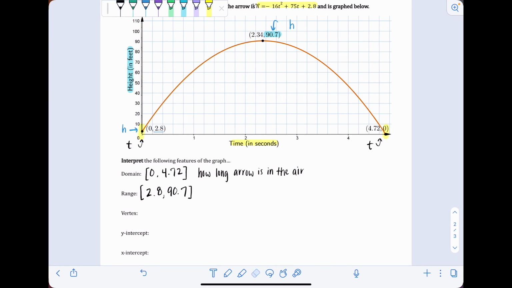And then the vertex, we can see it right here, is this point 2.34 and 90.7. And the vertex is just the highest point that the arrow reaches.